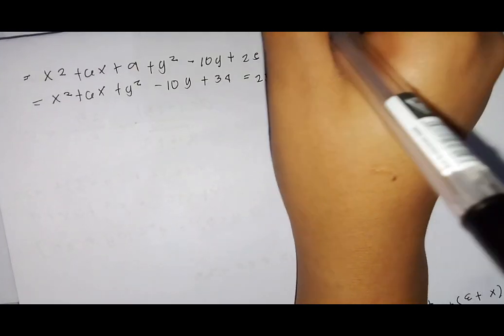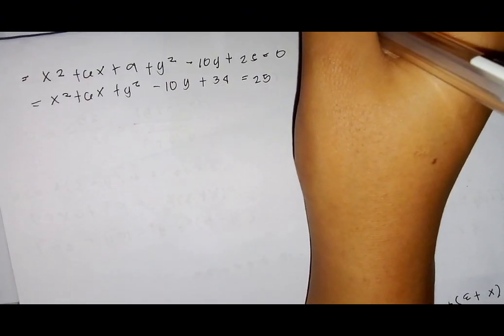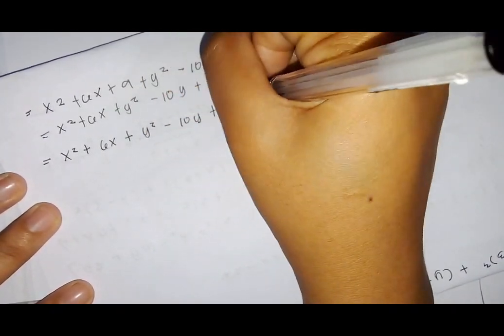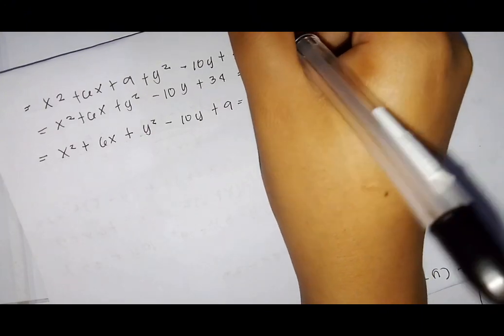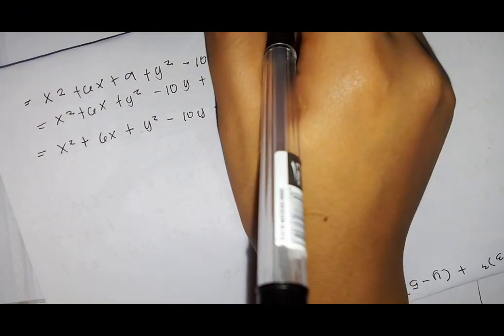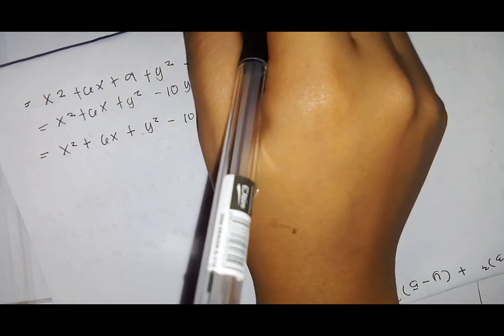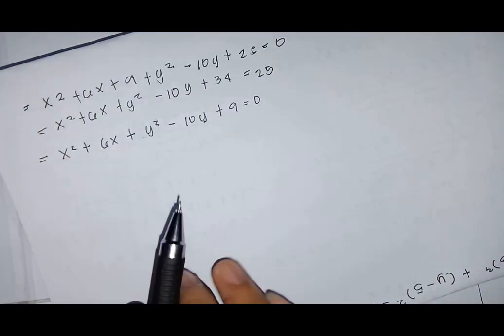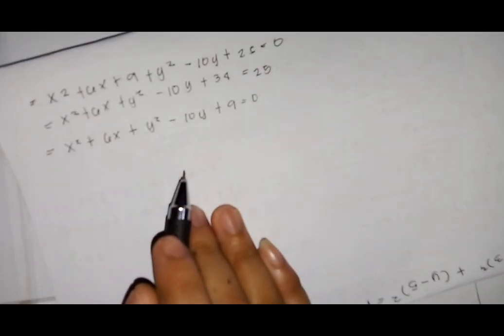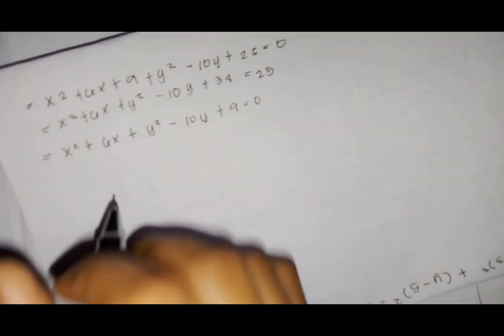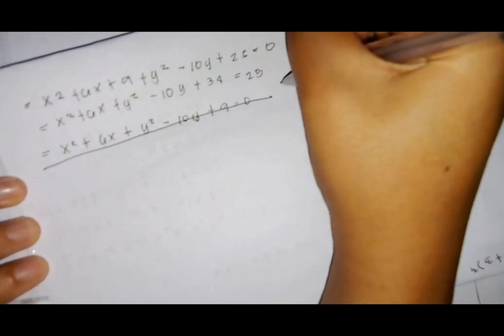So subtract 25 from both sides. So we get x squared plus 6x plus y squared minus 10y plus 9 is equal to 0. So our final answer for number 4, the equation of the circle in general form, is x squared plus 6x plus y squared minus 10y plus 9 is equal to 0. So this is our final answer.